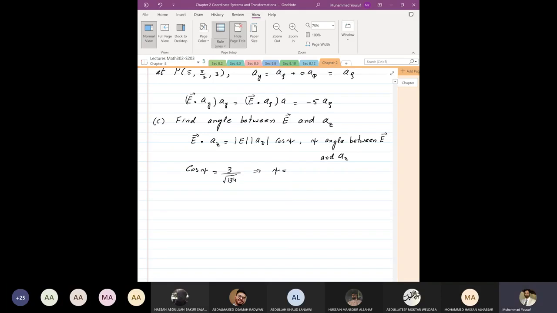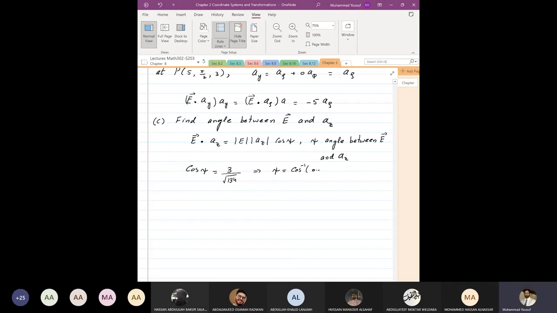Psi is equal to, when you calculate this, 3 over the square root of 134, and then take the cosine inverse of this.